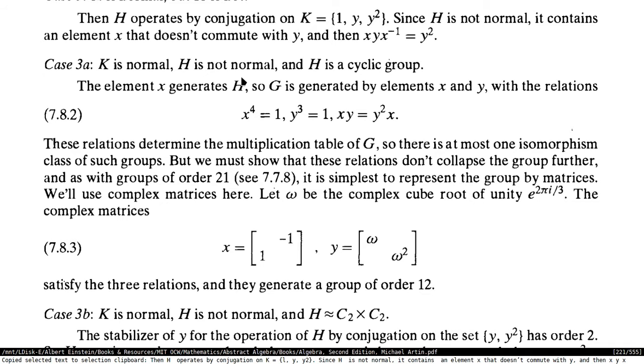We're going to say that H is generated by X. So K is 1, Y, and Y squared, H is 1, X, X squared, and X cubed. And now we're going to look at how H acts on K by conjugation.